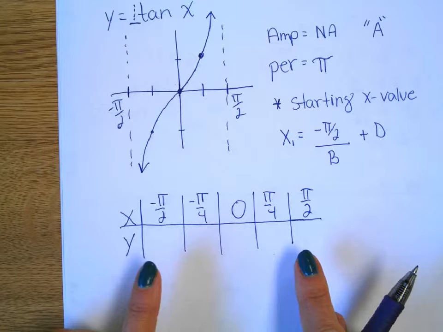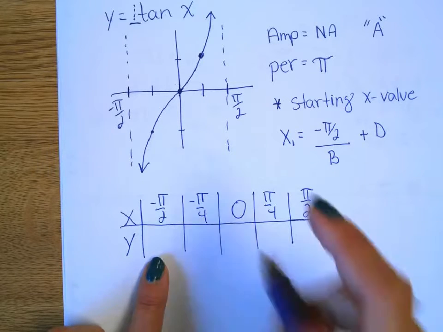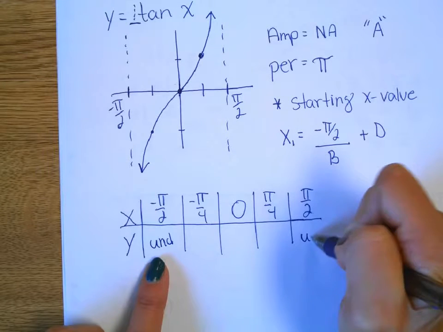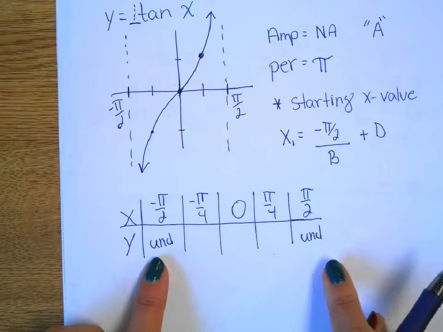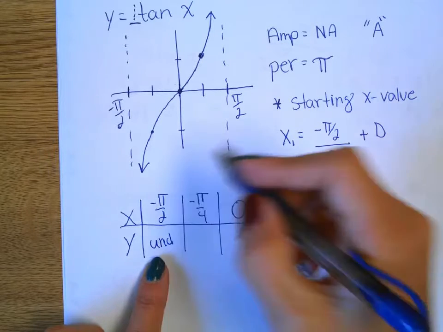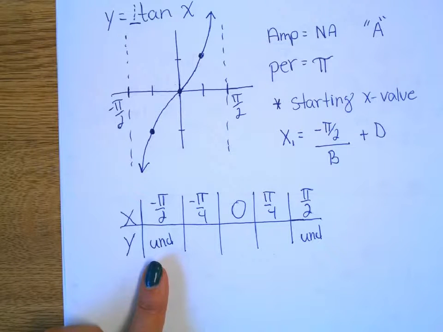Know that tangent is always centered between two asymptotes. So your first y value will always be undefined, and so will the last y value. Then, if I think of this value as below my axis, what have we been calling below the axis?